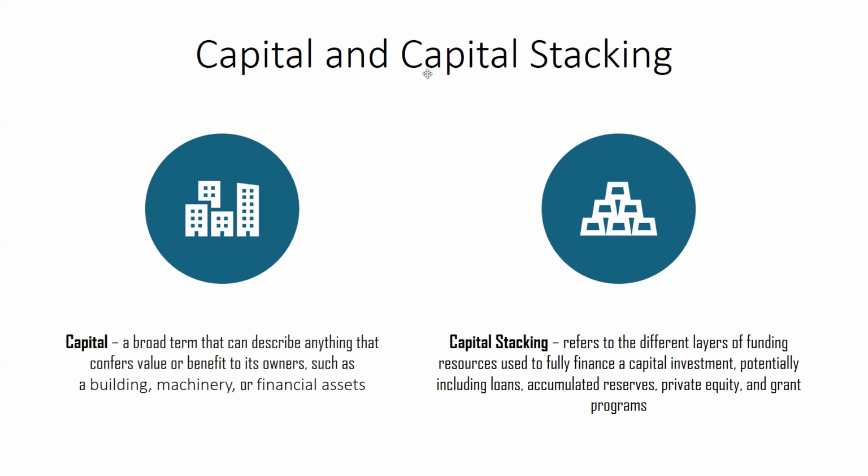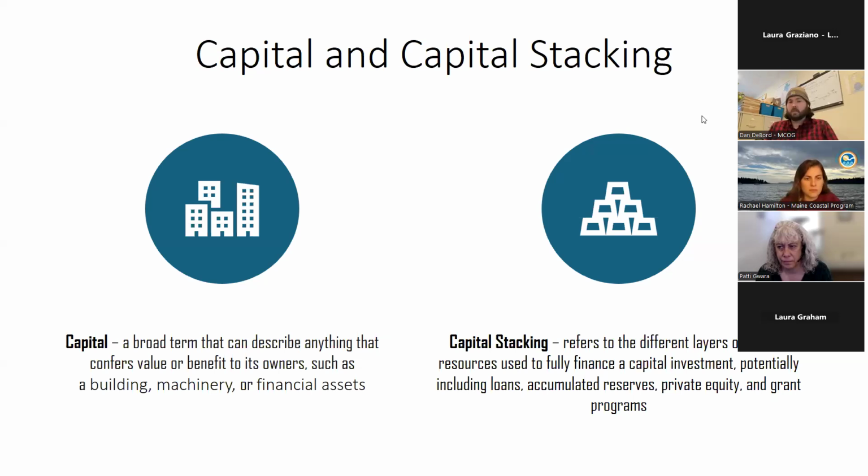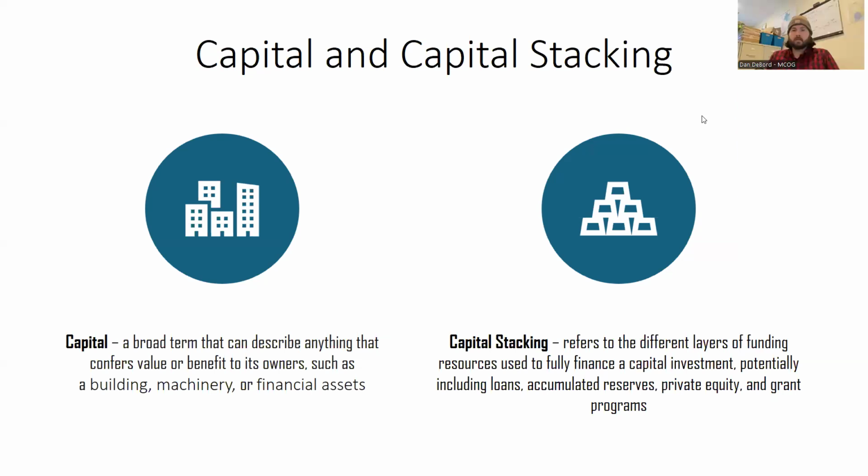Capital is a very broad term, but at least looking at it in the municipal sense, it describes anything that brings value and benefit to the owners, in this case municipalities: buildings, machinery, financial assets, etc. And then capital stacking refers to the different layers of funding resources that one would use in a town to fully finance a capital improvement.